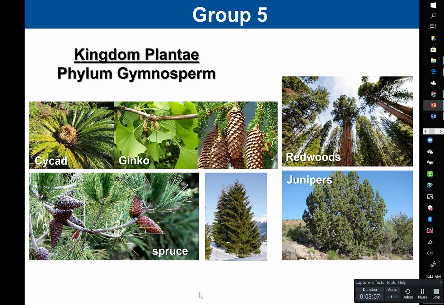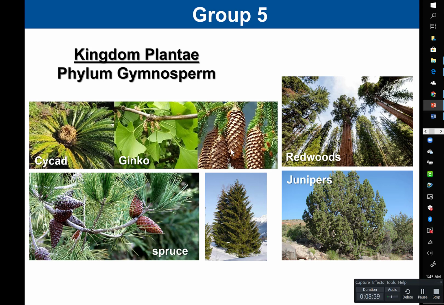Now, for our gymnosperms, notice they're tall, right? If you think of a redwood, they're very large, which tells you that they do have a vascular system. So they are vascular plants. But what you're starting to see in terms of their evolution is that these produce seeds, and they produce seeds in cones. Within the cones, they have what we call naked seeds.